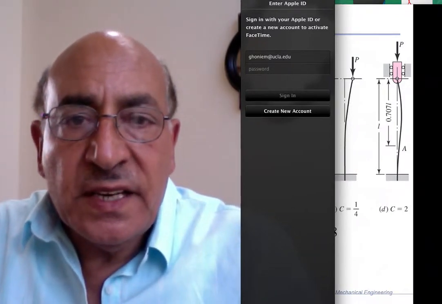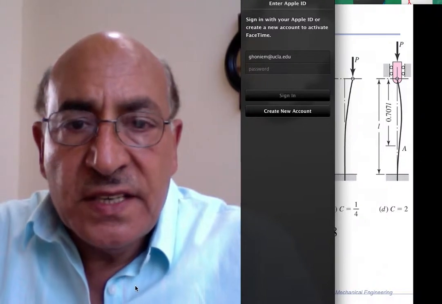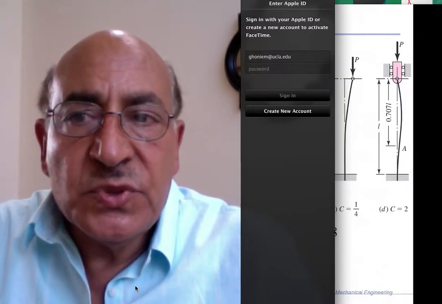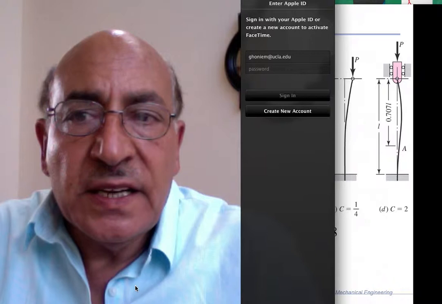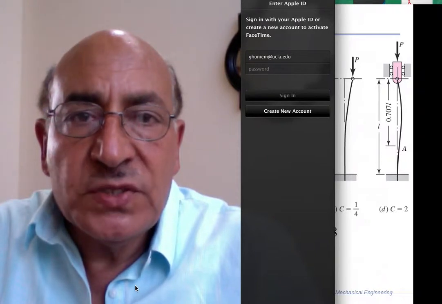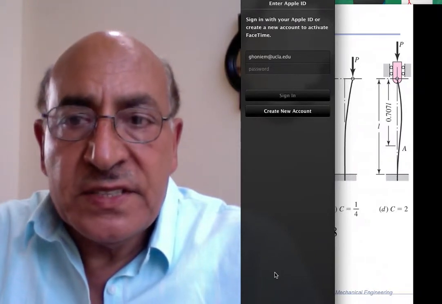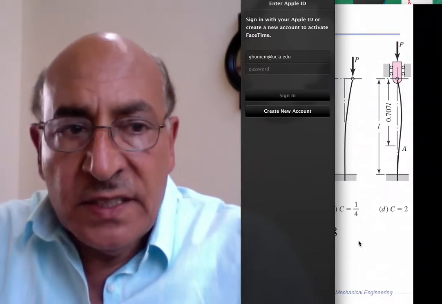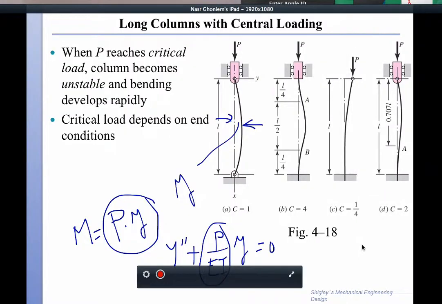So the result of this is that we can compute the critical load that will allow this column to buckle in an uncontrollable manner as follows. So I'll just start here and write the main equation.